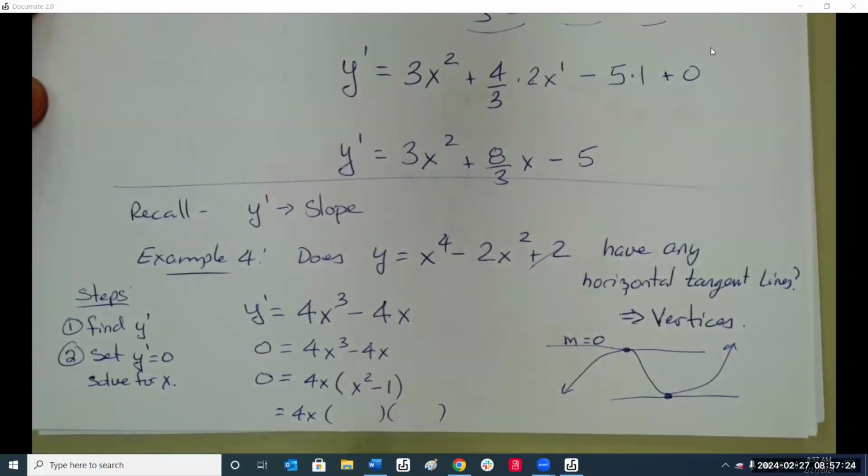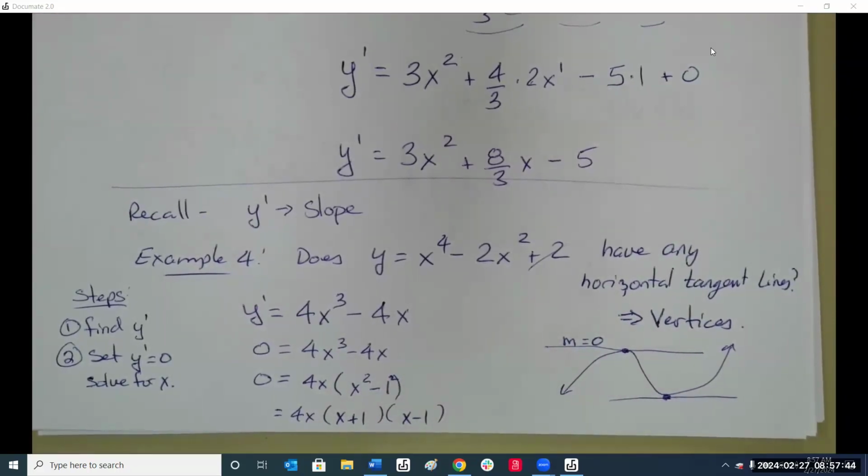What does that factor out into? Very good. It's the difference of two squares, x plus 1, x minus 1. For some reason, this equation baffles more students. More errors occur with that one than anything else.